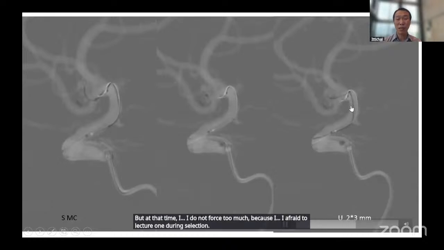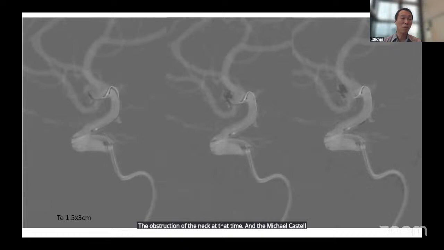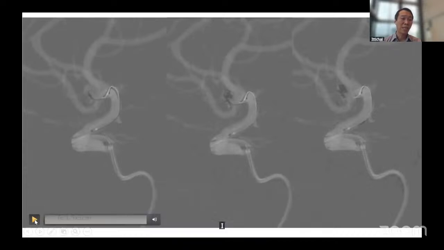I used a conventional 3D coil, but it could not be placed in the aneurysm sac at that time because of the obstruction at the neck and the unstable microcatheter. I changed to a very extra-soft coil, but the location of the microcatheter was the same.